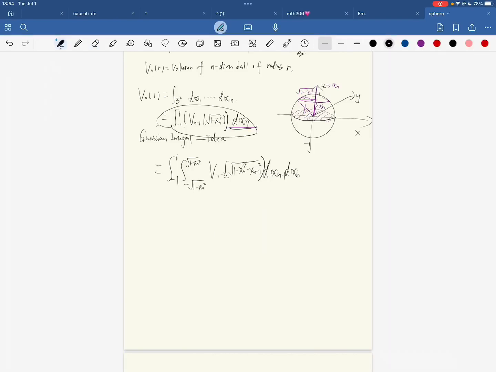Okay, let's continue. We have a double integral, and these squared terms, just like in the Gaussian integral calculation process, we change it to polar coordinates.